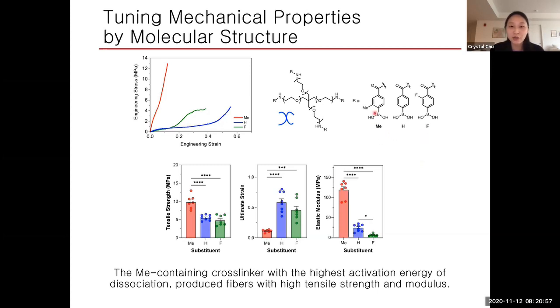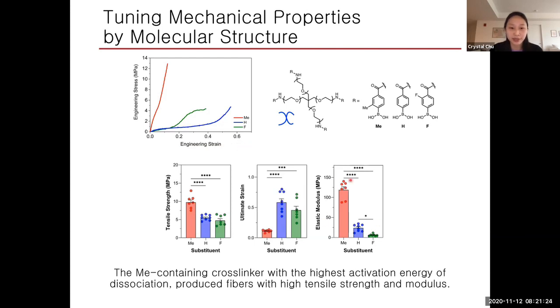So what we find with these seemingly subtle changes in the structure of one of our polymers in our system, we're able to observe, in some cases, dramatic changes in the mechanical properties of the solid fiber. Here you can see that with these differences, we're able to sweep out a wide range of stress-strain profiles.